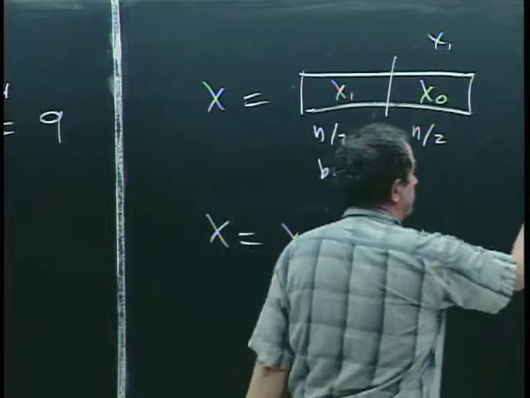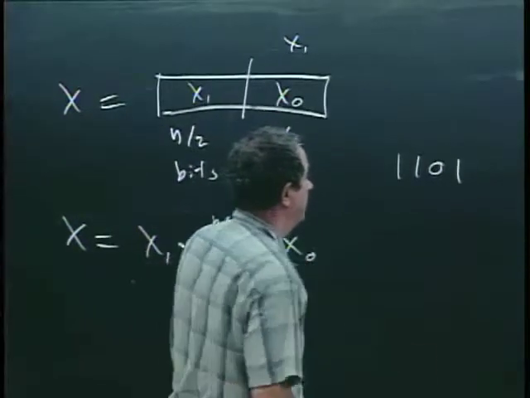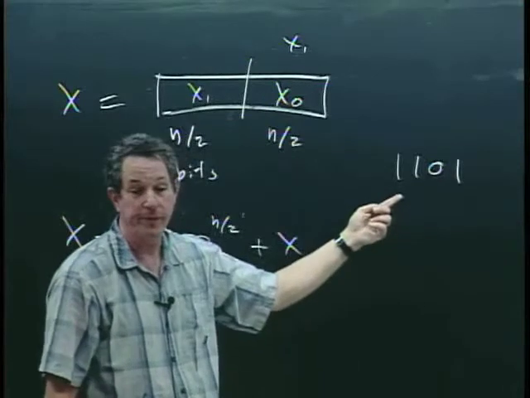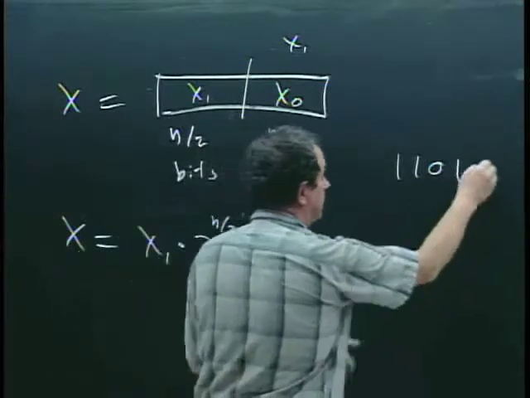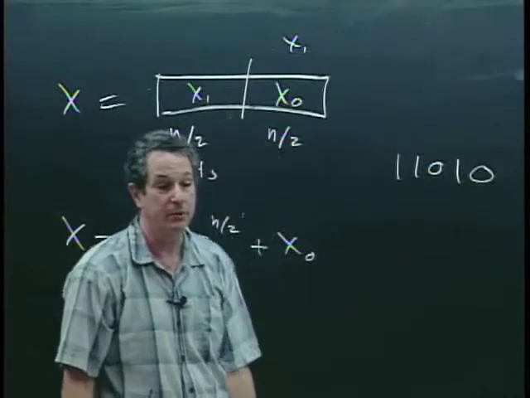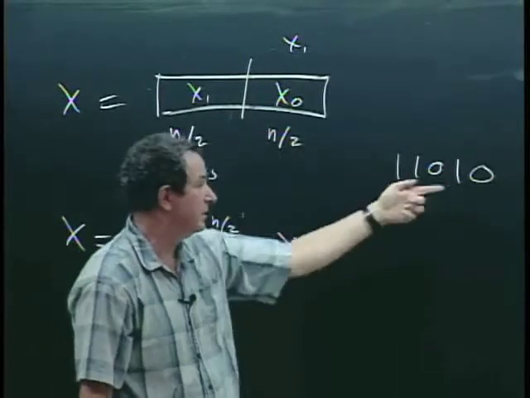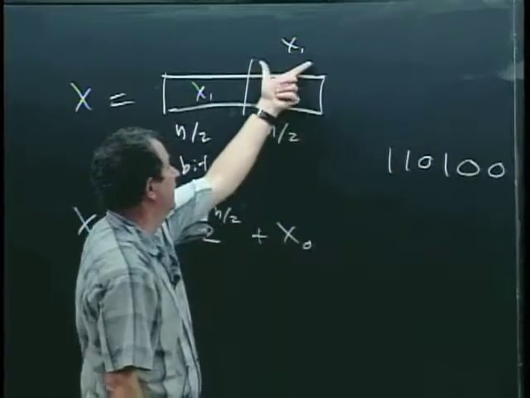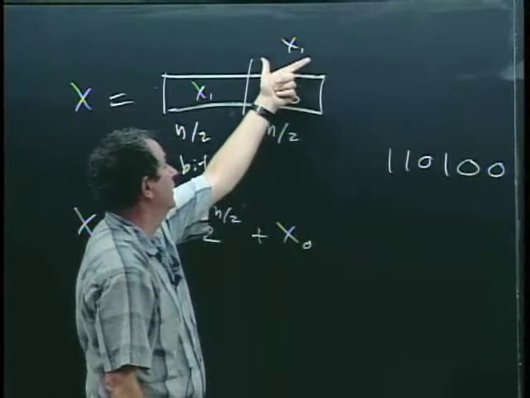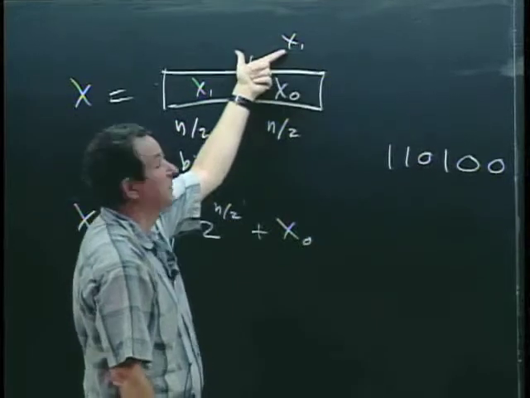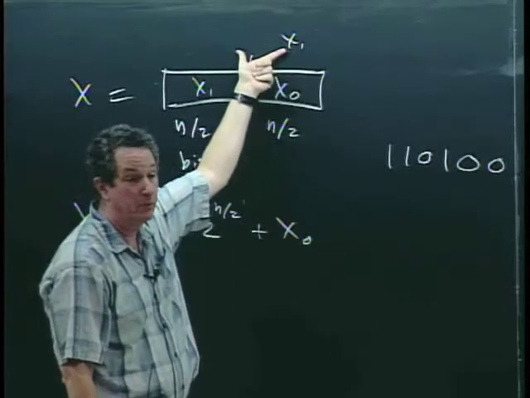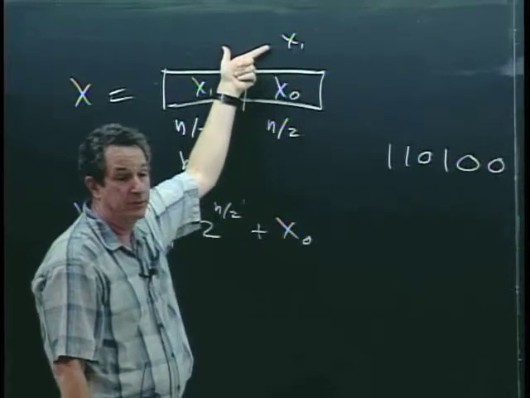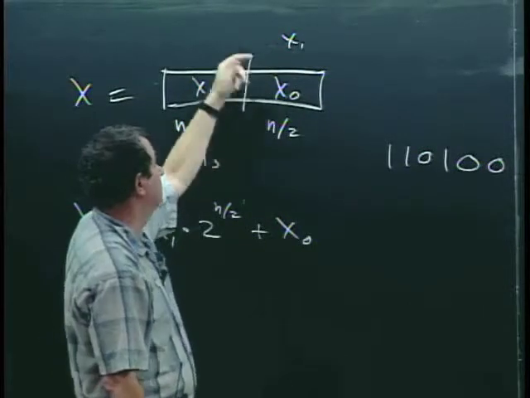So let me just do that. Like that number times 2. What is that number times 2? You just add a 0 at this end. That's that number times 2. What's this number times 2? You're adding another 0. So I'm thinking of that essentially the same way as saying, well, x1, when you multiply by 2, it's being slid over by one position, by one bit, and you get a 0 in there. 2 bits, it's slid over two positions, and so on.